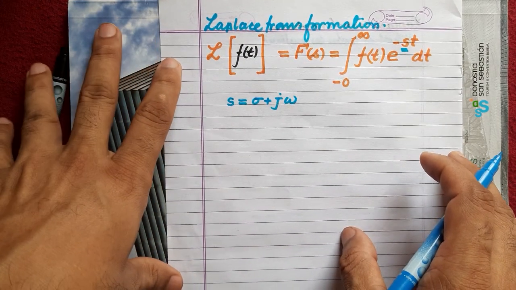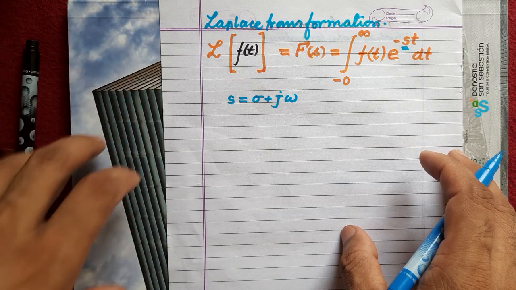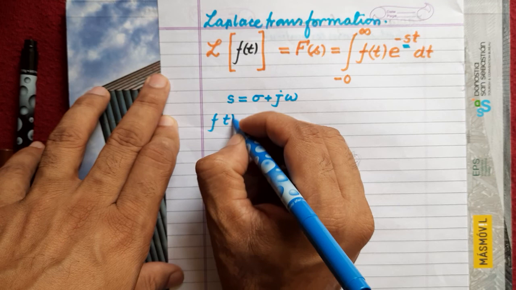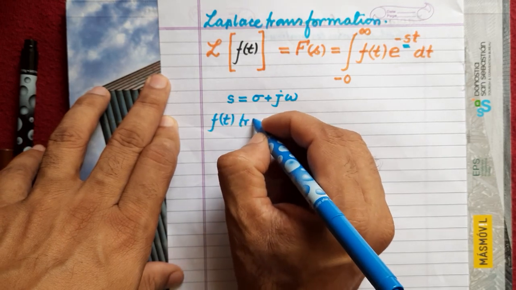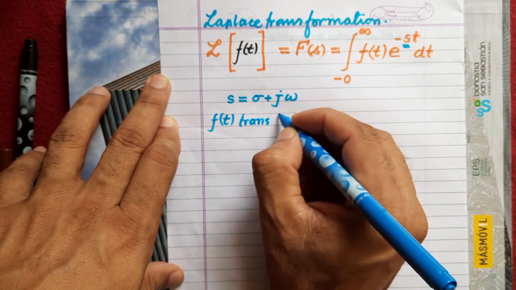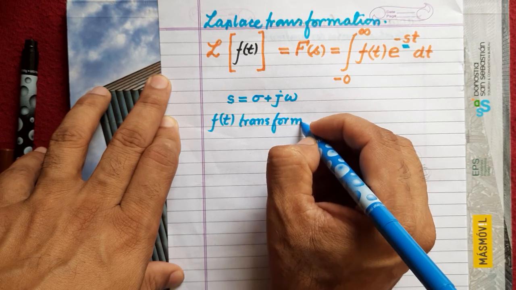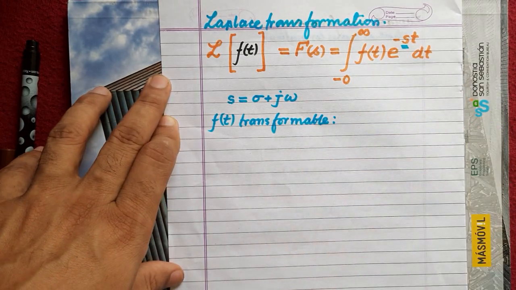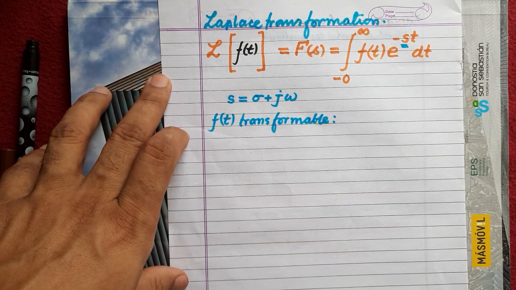Now we will see that for f(t) to be transformable, what is the sufficiency condition?